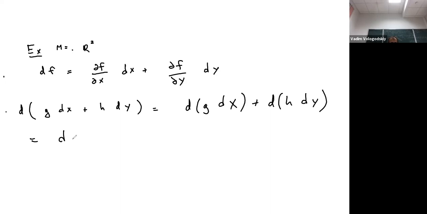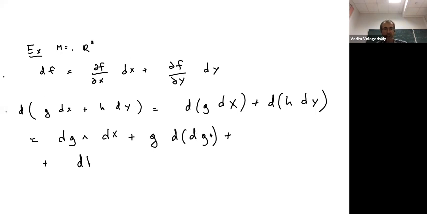And how does it work? It gives me dg wedge dx plus g d of dx, and then I have dh wedge dy. Since this is a 0 form, I have no sign here. Also, sorry, this must be x.